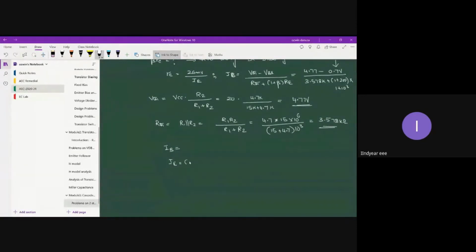And then IE is 1 plus beta times IB. Just substitute and let me know the value of IB.